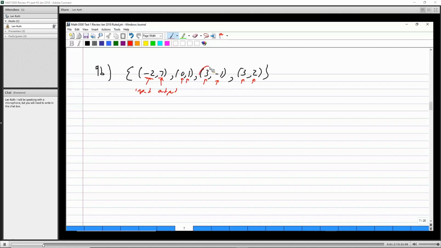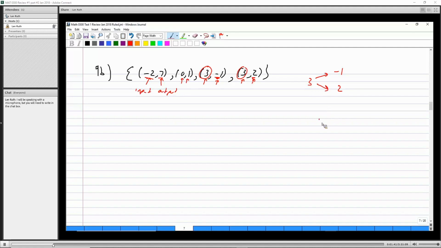Notice here, when I feed this a 3, it tells me it's spitting out -1. But it also tells me when I feed it a 3, it's spitting out 2. So an input of 3 is being taken to -1. That's fine. But then here's the problem. It's also being taken to 2. Functions don't do that. A single input doesn't go to multiple outputs.